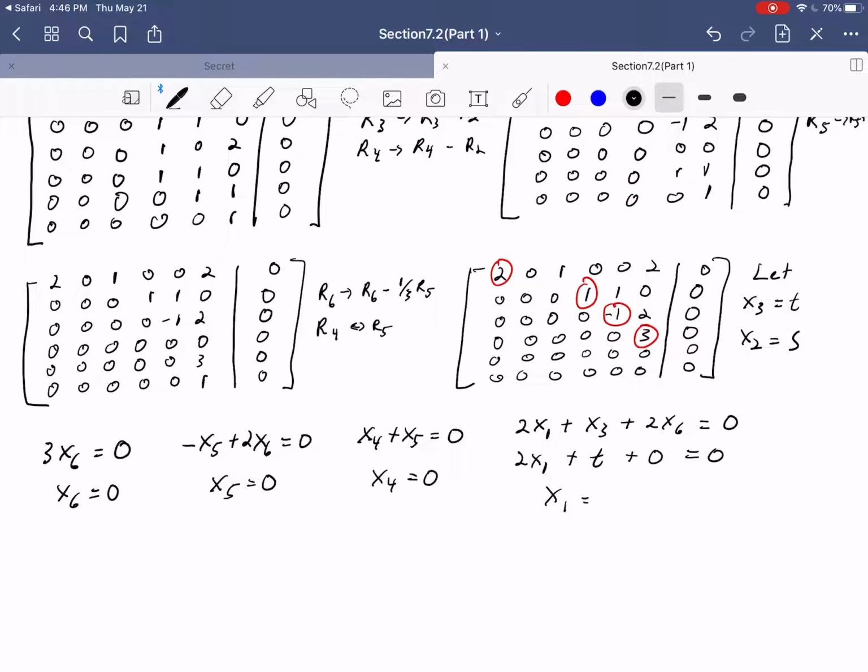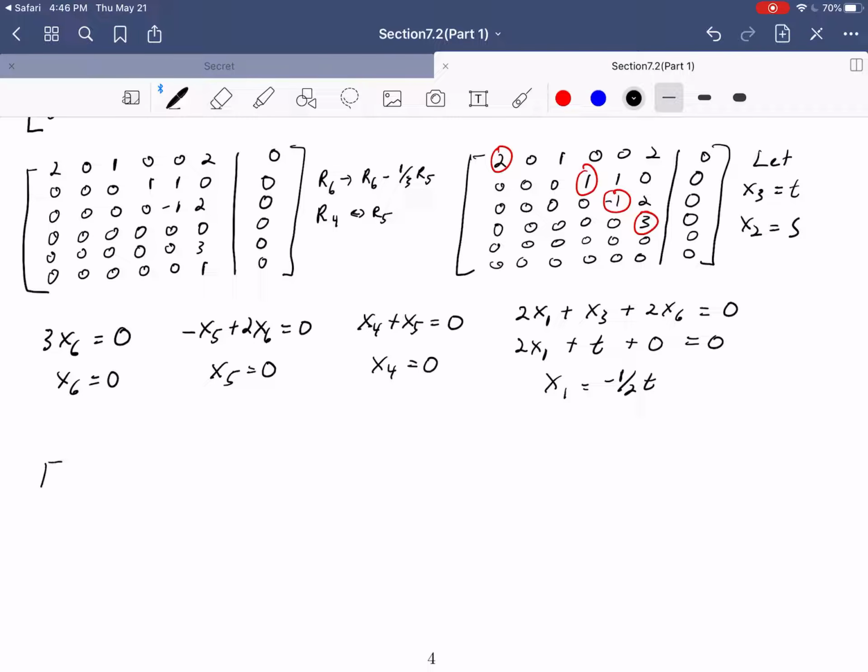So it looks like x1 is supposed to be negative 1/2 t. So we can say that the eigenspace for lambda equals 0, which we would call E lambda equals 0, is everything that is going to look like negative 1/2 t, s, t, and then 0, 0, 0.